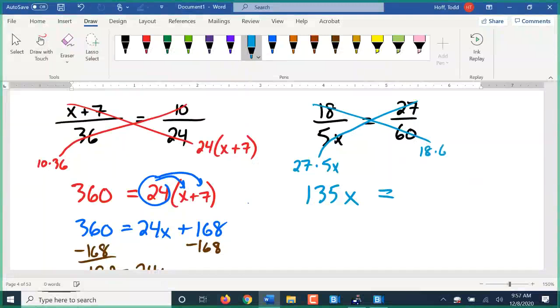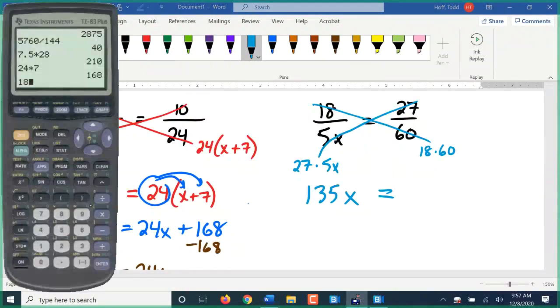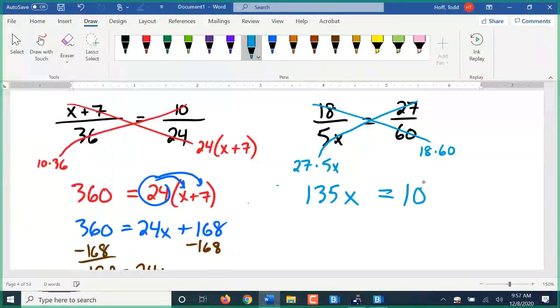going this way, we have 18 times 60. What is that? 1,080, I believe. Let's try that. It is 1,080. So we get the equation 135x equals 1,080. We're going to solve that by dividing by 135.